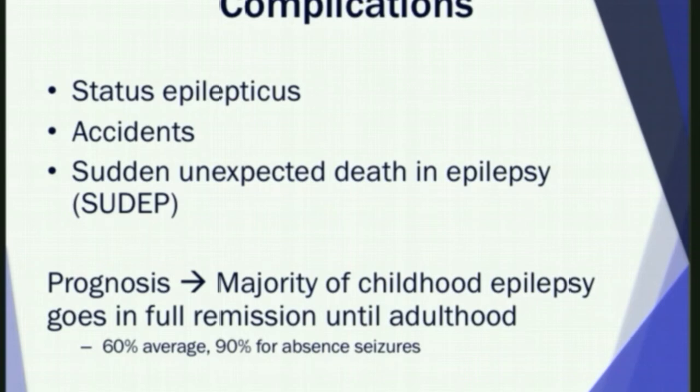Status epilepticus is defined as a medical emergency when a patient is having a seizure lasting 5 minutes or more. It requires prompt treatment to reduce the risk of complications like cerebral hypoxia or even death.